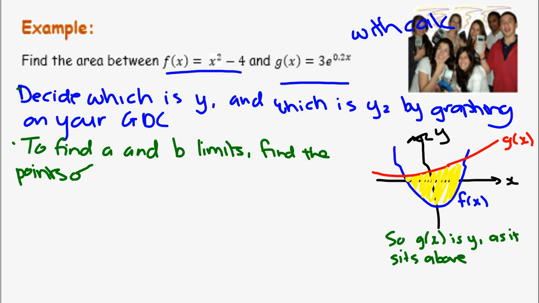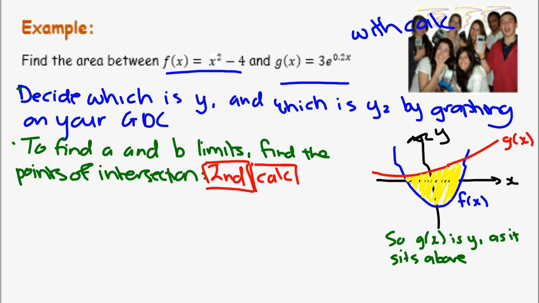And remember to do that. Does anyone remember what you pressed on the calculator to do that? It's been a minute. It's second, then 5. Is that intersect? Yeah, that's right. Second calc, intersect.